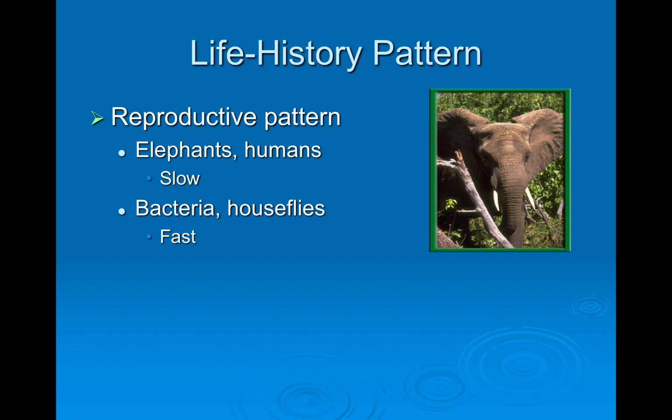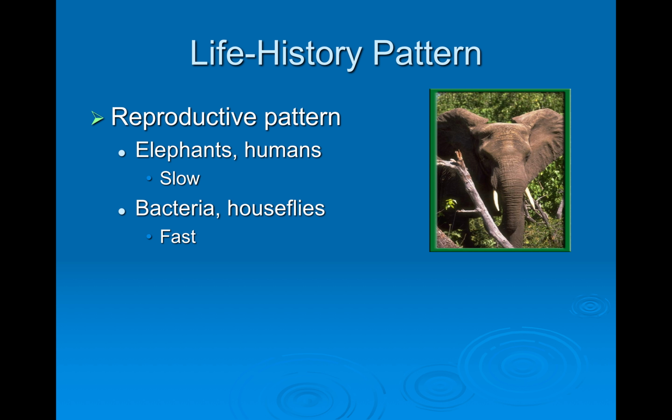Slow is what we see in elephants and humans. The concept behind this is to have just a few offspring. All right, humans, like here in the U.S., we have about 2.1 offspring per couple. In Africa, it may be 6 to 8 offspring per couple, but still not very many. Same thing with elephants.